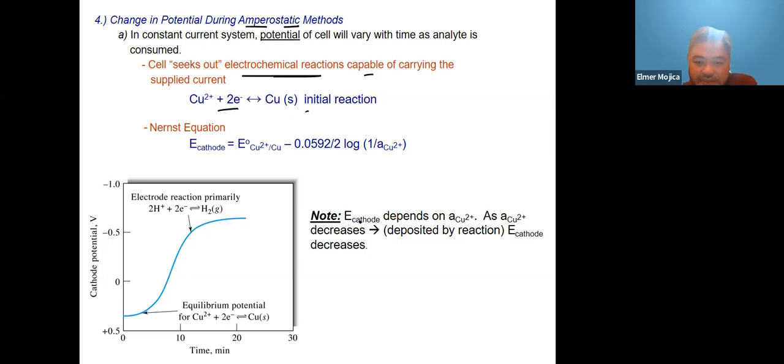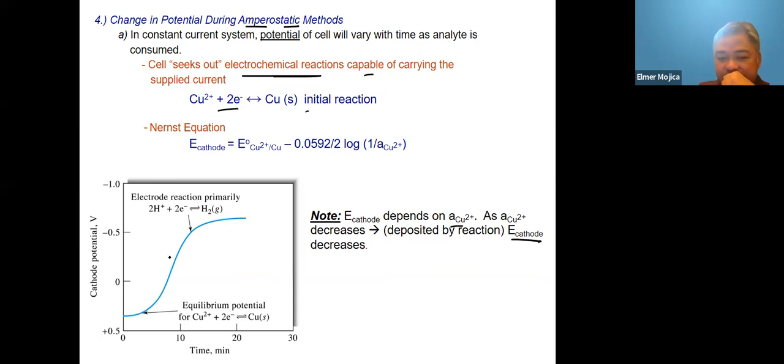So for instance, the potential of the cathode depends on the activity of your copper 2+. Now, as the copper 2+ decreases, it is deposited by the reaction or deposition. So what happens? The potential of your cathode would decrease.